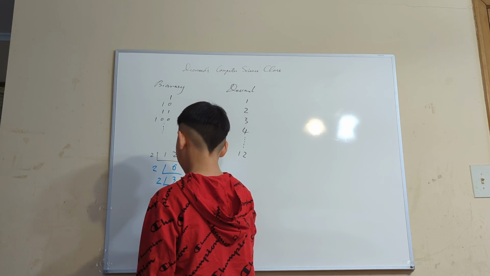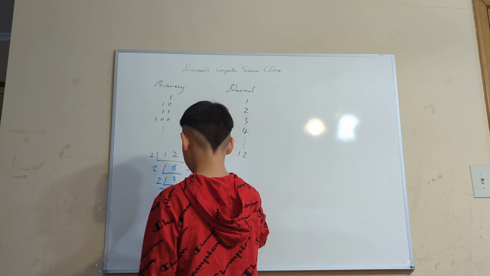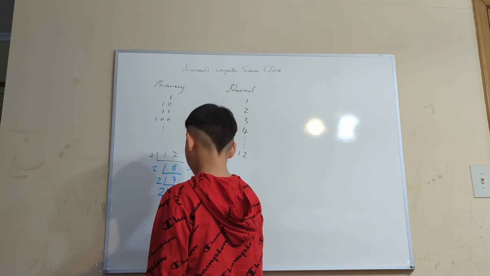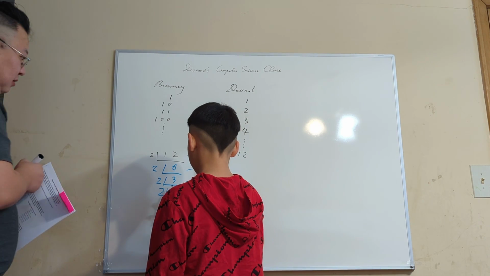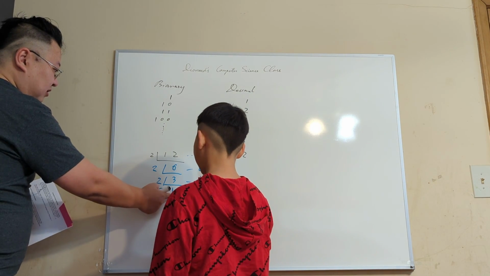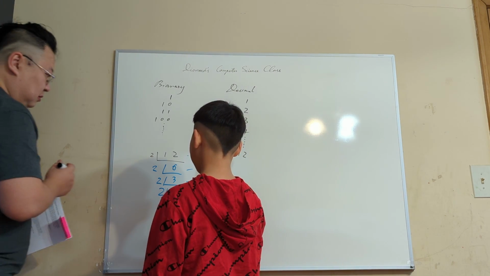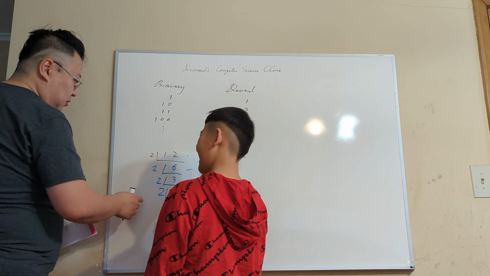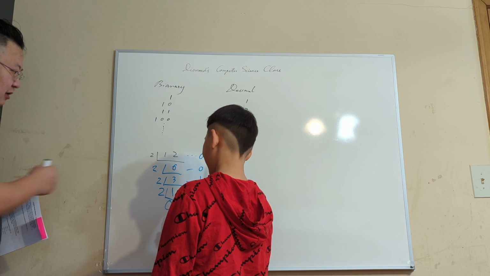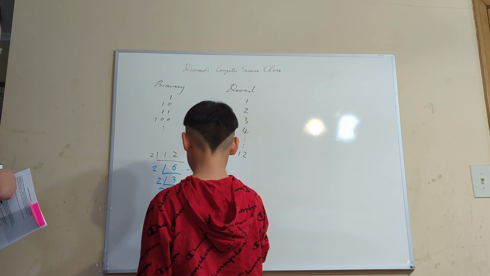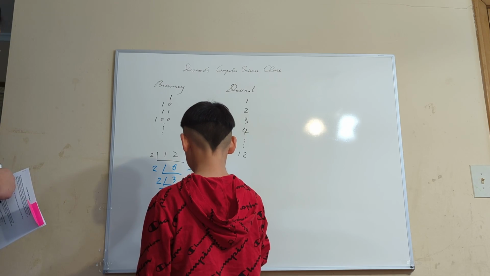And divided by 2, it has a remainder of 1. 2 is greater than 1, why is it 1? Because there's 1 left. Okay, yes. So if you read it backwards, it's 1 1 0 0.